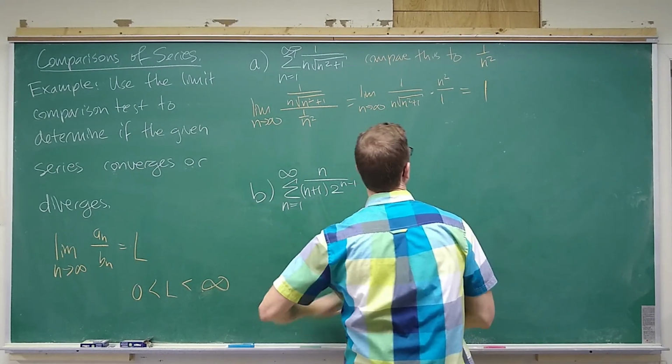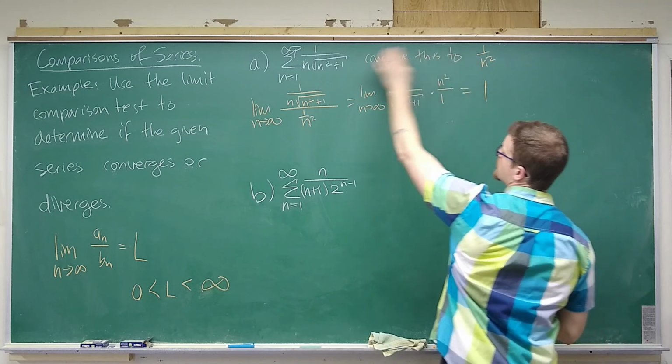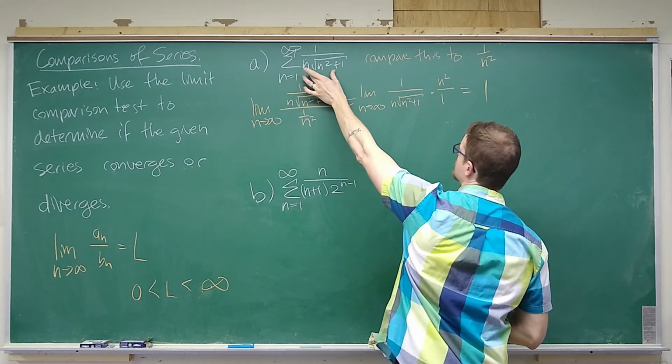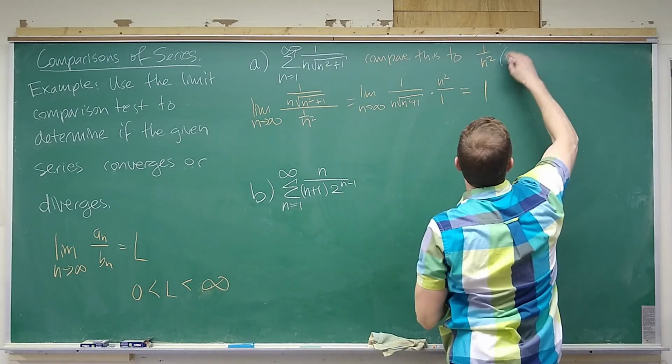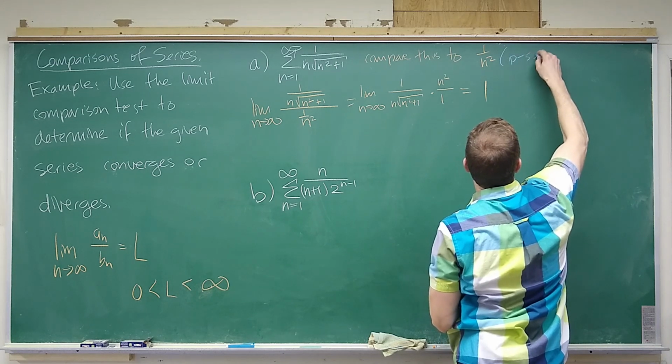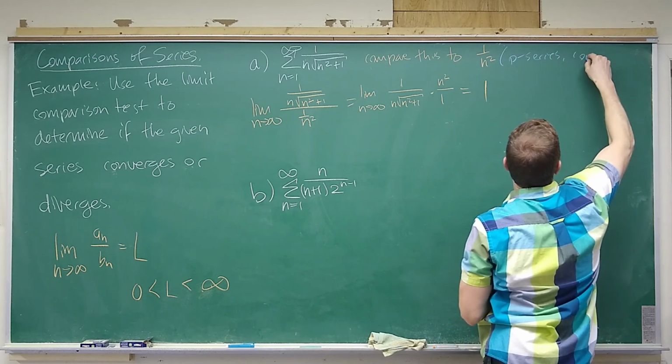So they both act in the same way. We chose 1 over n squared because we believe that it acts similarly to this, and this happens to be a p-series that converges.